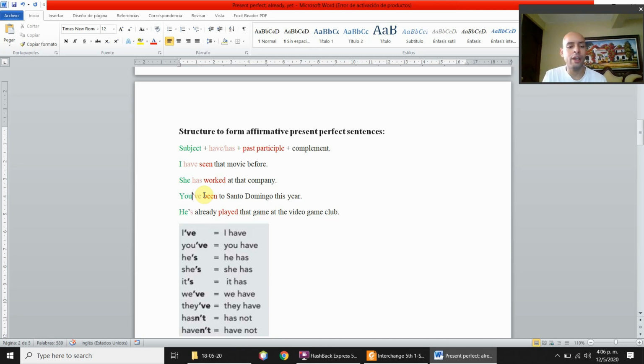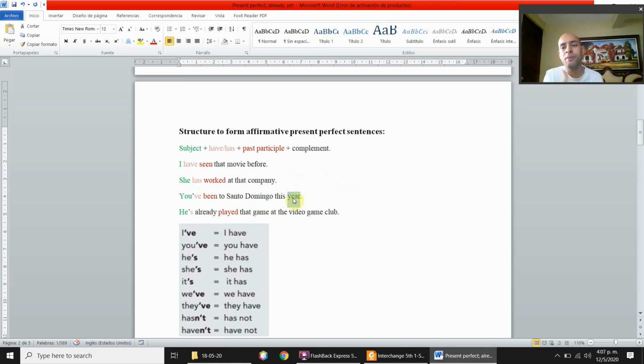If you mention a measure of time that is bigger than another measure, like minutes or hours or days or months, then you can use the present perfect with it. For example, this year: the measure of time, years, have smaller measures inside.